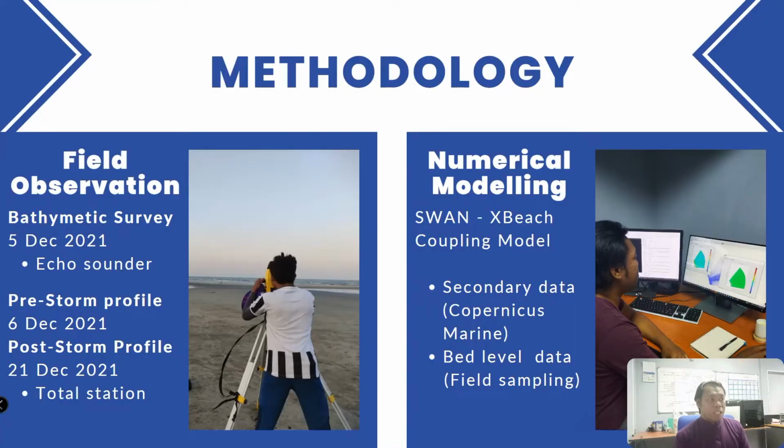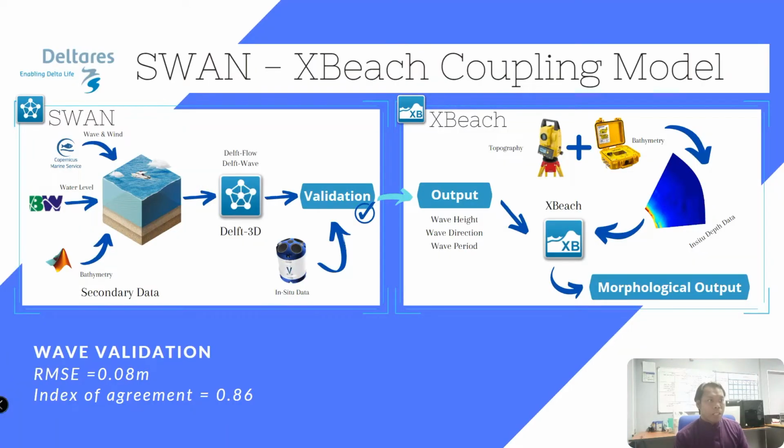For the methodology of this research, field observation and numerical modeling were undertaken. Bathymetry survey was done using the echo sounder and the topography by the total station, and this data is input to the numerical model. The XBeach model is coupled with SWAN.